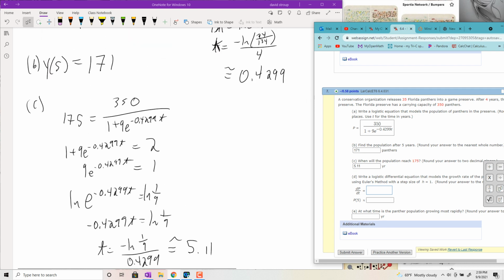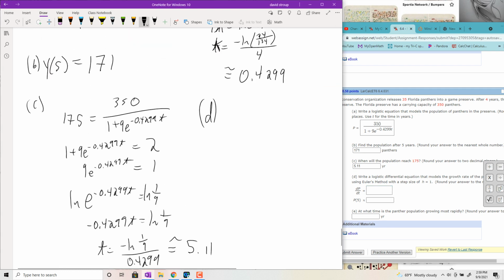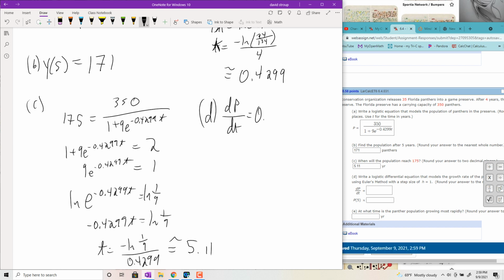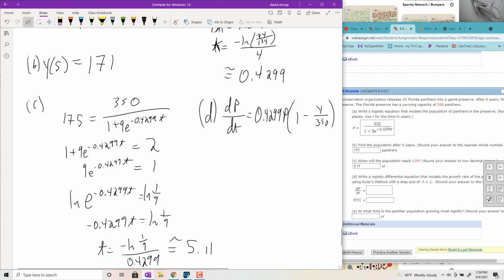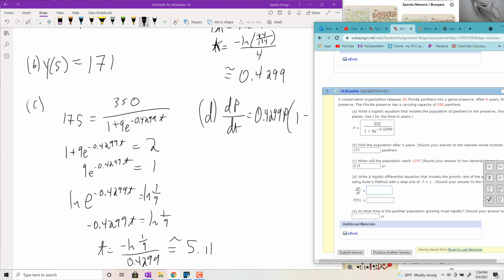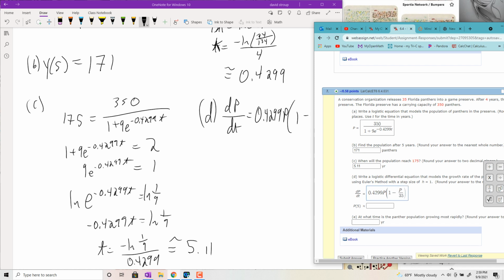Part D, they want the logistic differential equation, so dp over dt equals k, which is 0.4299, times p, times 1 minus p all over 350.